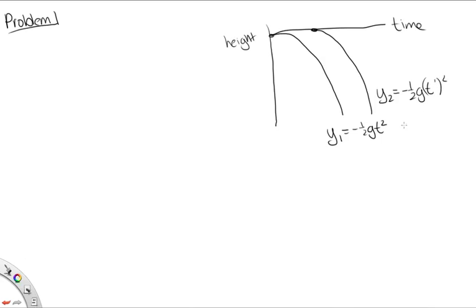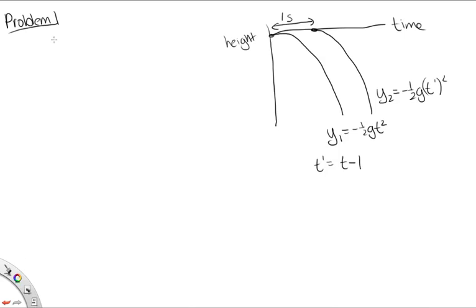Now the relationship between these times comes about because one is dropped 1 second after the other. So this is 1 second. So this tells us that t dash is equal to t minus 1. Okay, so we can just substitute this into this formula here.